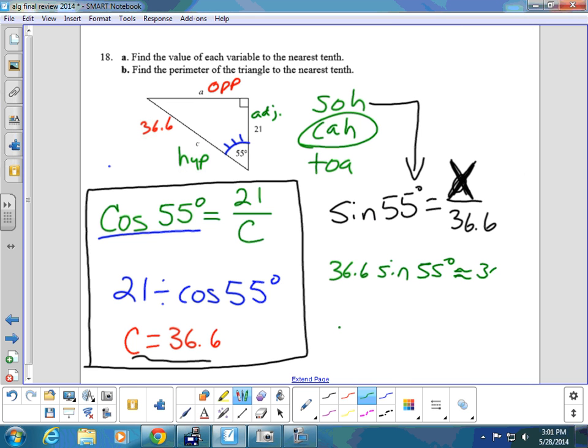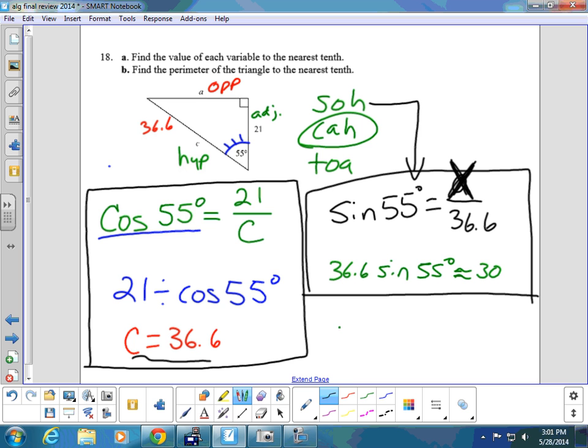Approximately 30 for that. Now, I could have done it the other way, like I said to begin with. I could have done the tangent of 55, with my O, which is A, which I'm now going to call X, over my A, which is 21. So X is on top, multiply.